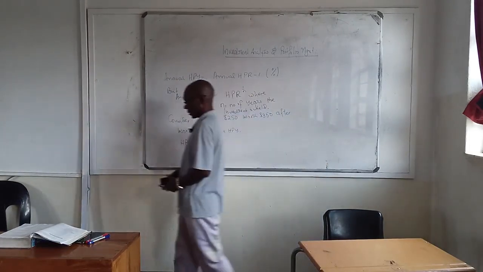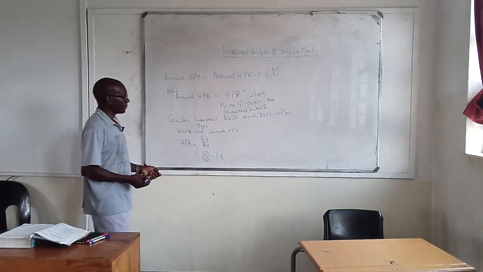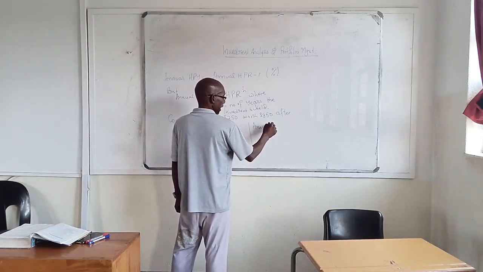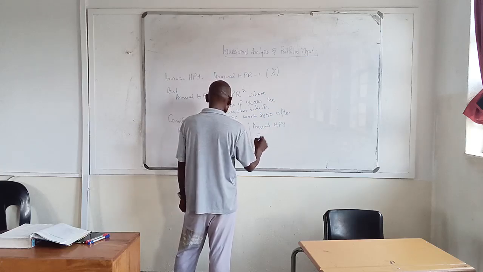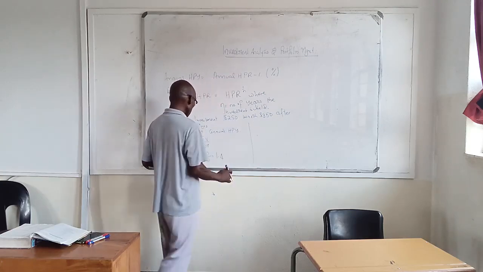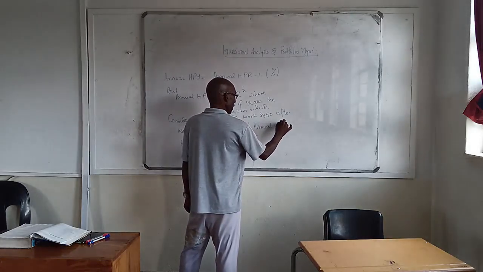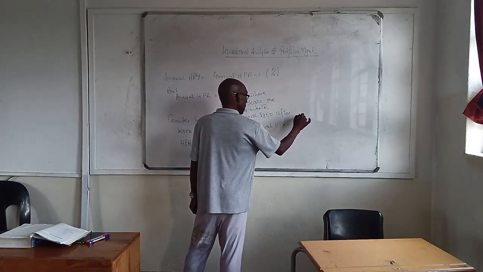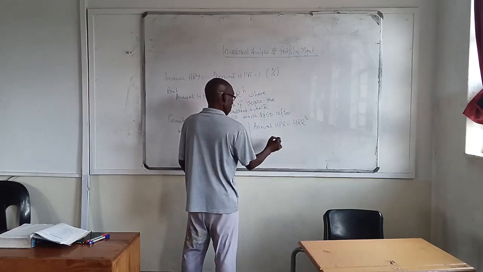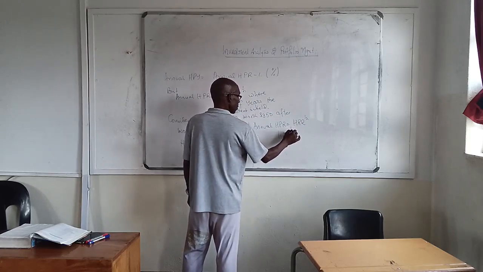Now, when you look at this one, they are saying it has to find the annual one. To find the annual HPR, annual HPR is equal to HPR to the power 1 over N. So this is 1.40 to the power 1 over how many years? 2, right?